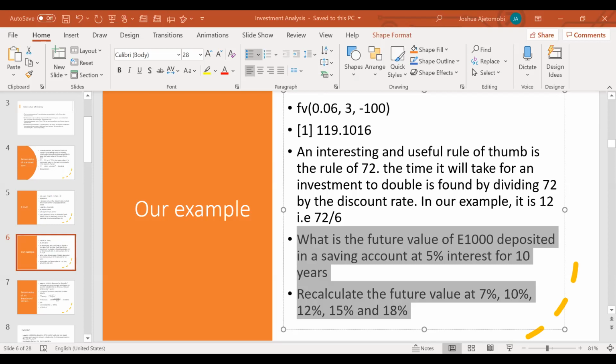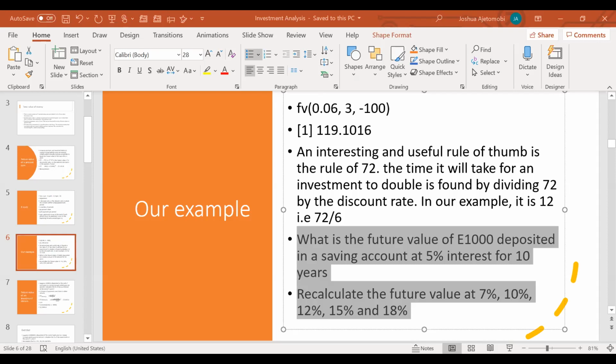Mine is different. For 7, what's your answer? You are wrong. I got 1,407.10. No. I have 1,967.15. Yeah, the correct answer should be 1,967.15.